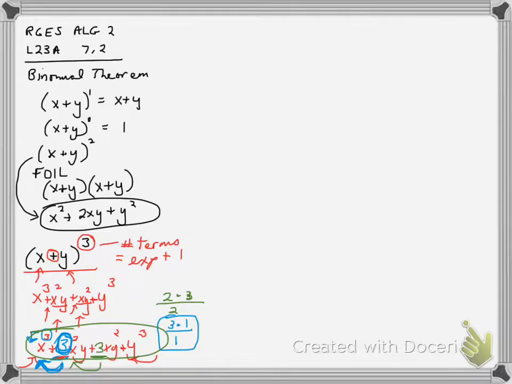Let me do it again with the binomial to the fourth power. I will begin with the first term, x to the fourth. I'm going to have 5 terms in all. The first and the last terms do not have a numerical coefficient associated with them. Because this is plus, they'll all be pluses. Plus.